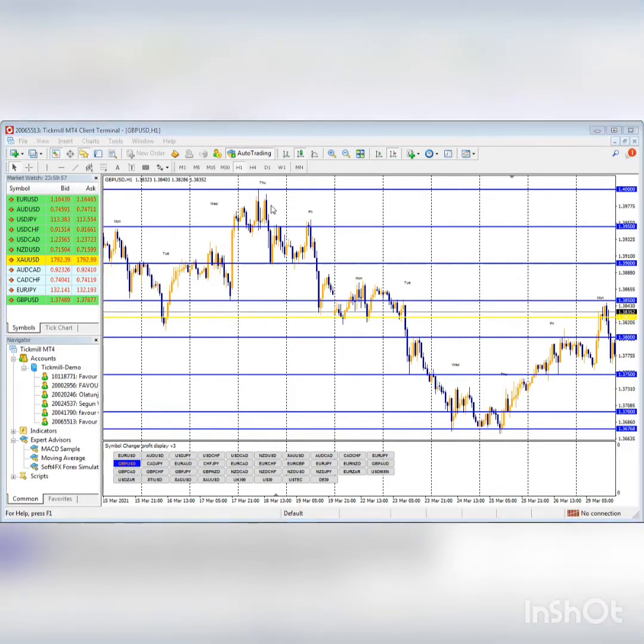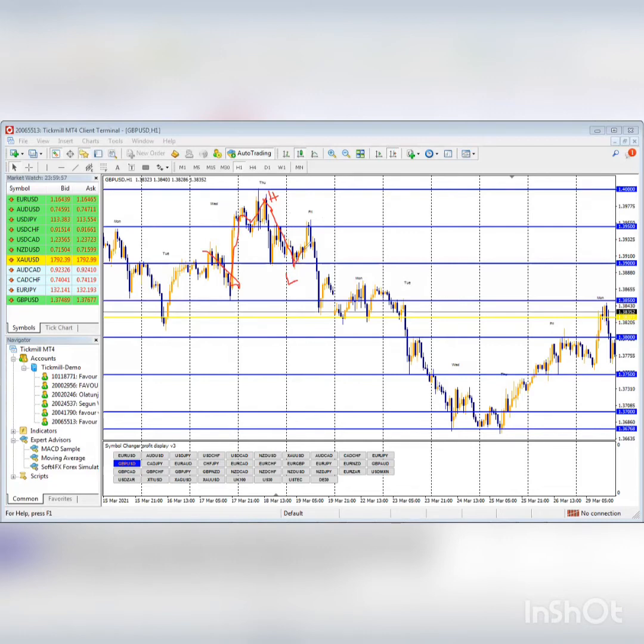Okay, so guys, now the market came and gave us something like a high. Hope you understand it. It gave us a high here, and then it formed a low.